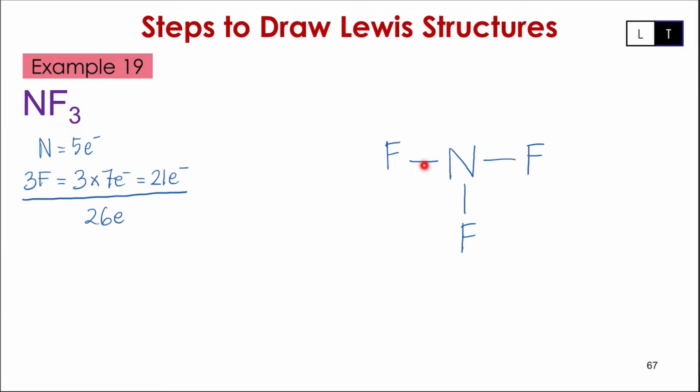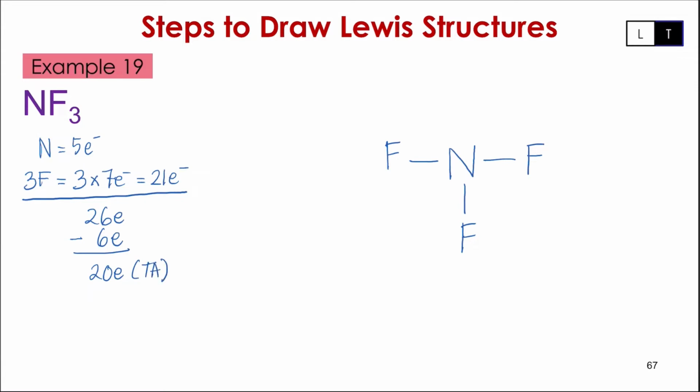Now, we know each bonding pair, dia bawa 2 elektron. So, saya ada 3 bonding pairs, maknanya 6 elektron sudah digunakan. So, saya akan tolak 26 minus 6 electrons. Yang tinggal adalah 20 electrons. So, 20 electrons ini saya akan letak di bahagian terminal atoms.